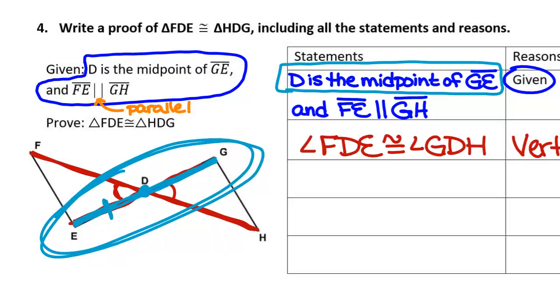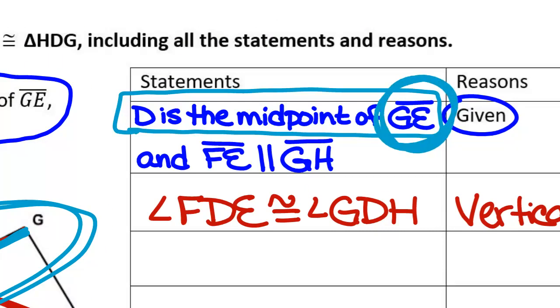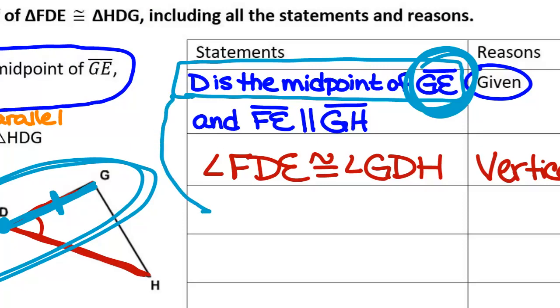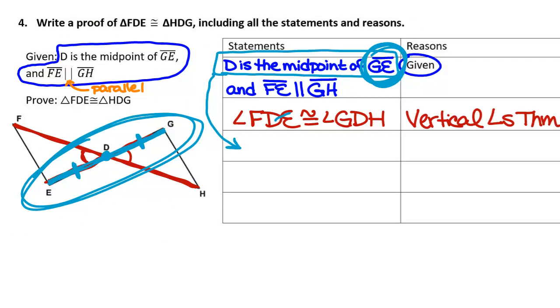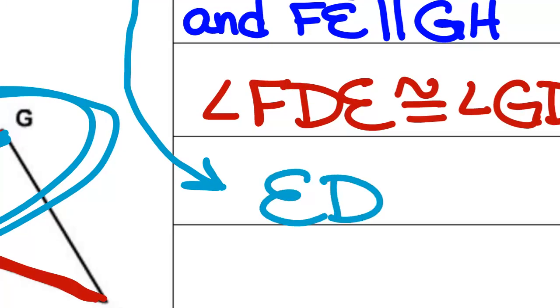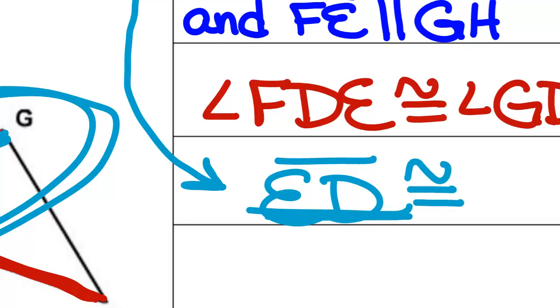ED and DG. Remember, we have to take the line segment that they gave us and split it in half. We can't go looking at a different line segment. No matter what the picture looks like, that other segment looks like it's being cut in half, but that's not what we were told. We were told that D is the midpoint of GE. So I can use this information to say that segment ED is congruent to segment DG.